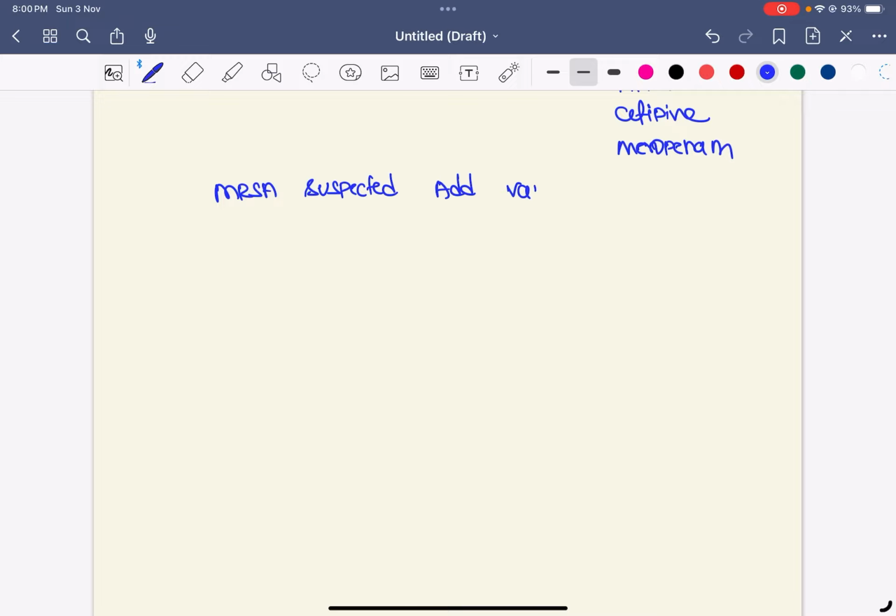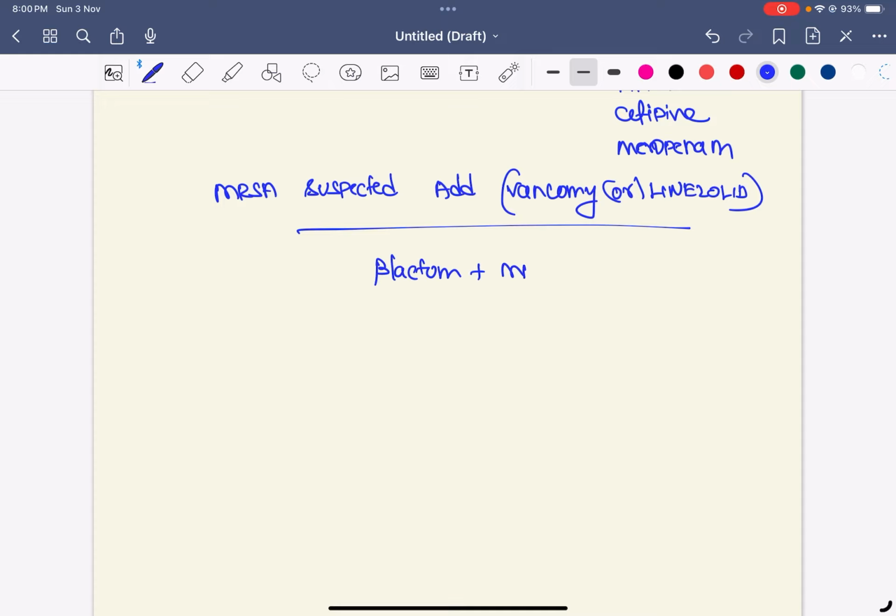add vancomycin or linezolid to the patient. I will give an example. Like if you are choosing beta-lactam plus macrolide as a base regimen, just add vanco. This is one combination.